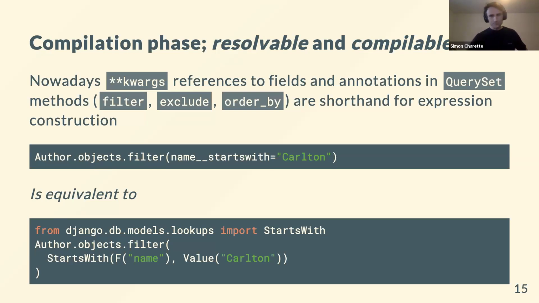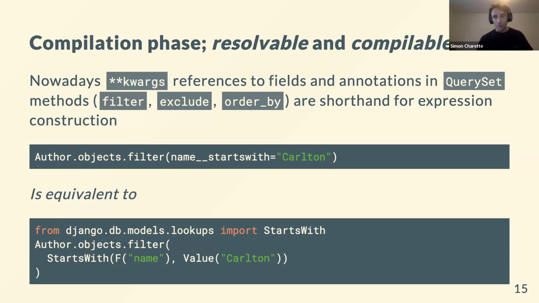Previously, the only way to do a lookup was to use this syntax, so name underscore underscore startswith and a value. Today, it's pretty much equivalent to importing the StartsWith lookup and passing it directly to filter with F name and the value. But the reality is that it's way more practical, and nice syntactic sugar, to keep using this kwargs syntax.